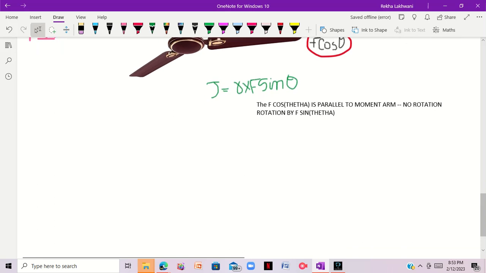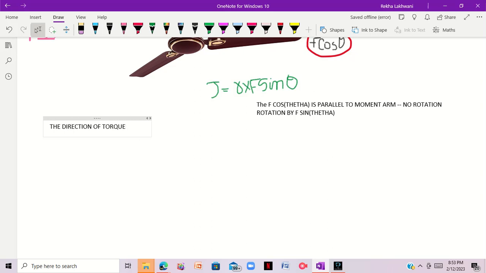Okay, so now let's find the direction of torque, right? So basically we find the direction of, okay, as I said, this is a cross product. And what happens in a cross product?